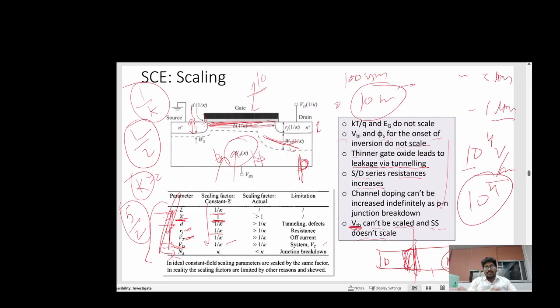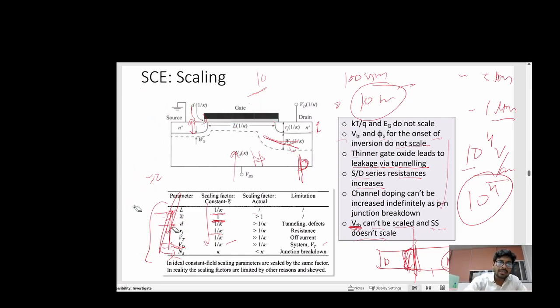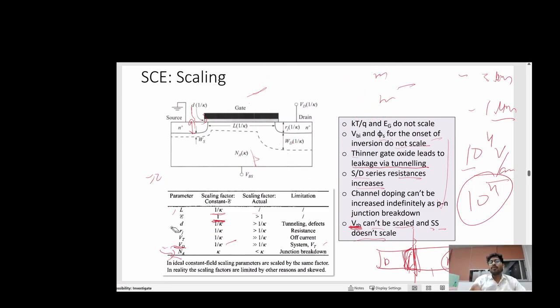All these parameters are interlinked actually. When you solve the problem regarding this, then you will understand better. But you just need to see that it is always done at constant electric field scaling.